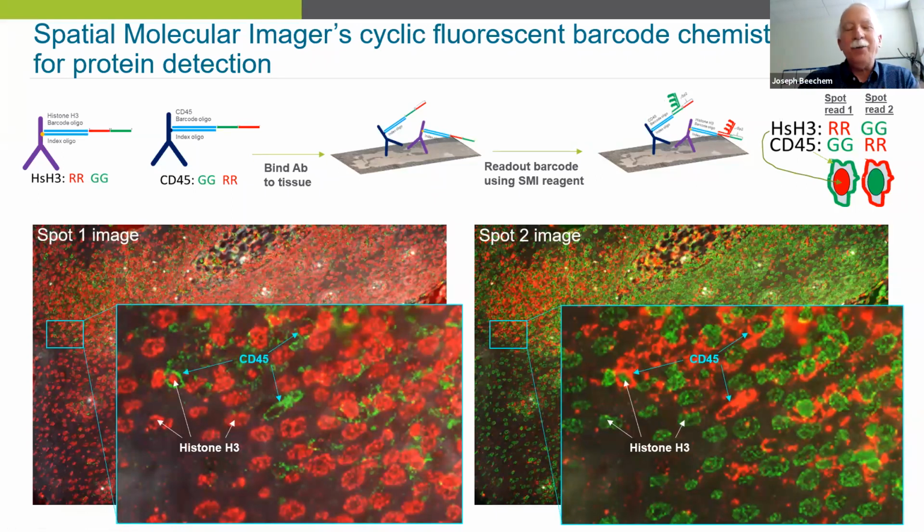The geography stays the same, but they change patterns in a known way. That's why you see the green membrane signal go to a red membrane signal on the next cycle, because that's the way we encoded the information. That means CD45. Similarly, the histone that started out red is, through this particular cycle, now green, and so on and so forth.